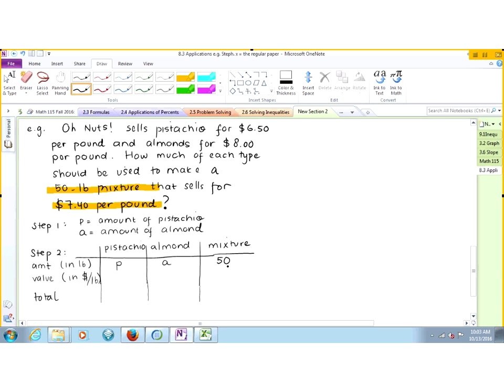We don't know the amount of pistachio or almond, but we know the mixture will be 50. Yes? Okay. Now, do I know the value in each pound? For pistachio, how much does it cost? 6.50. How about for almond? 8. How about for the mixture?